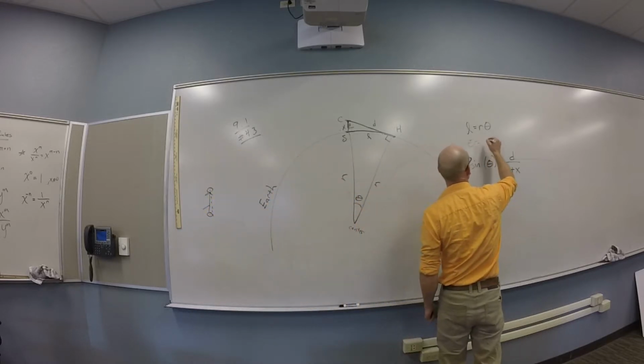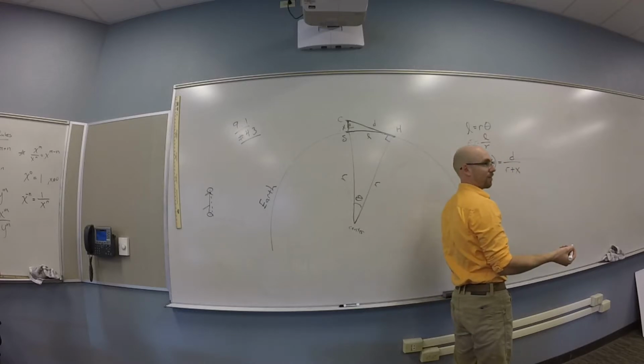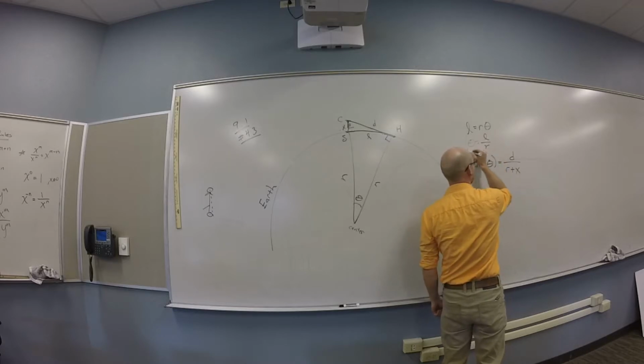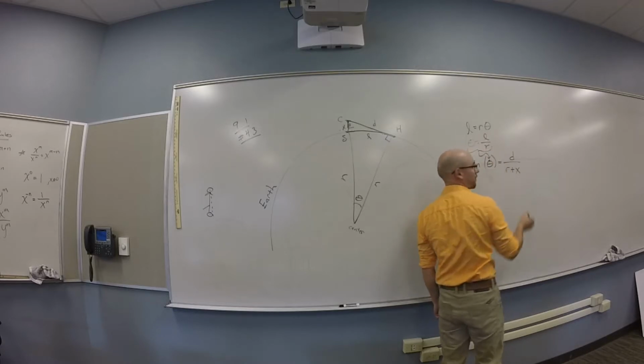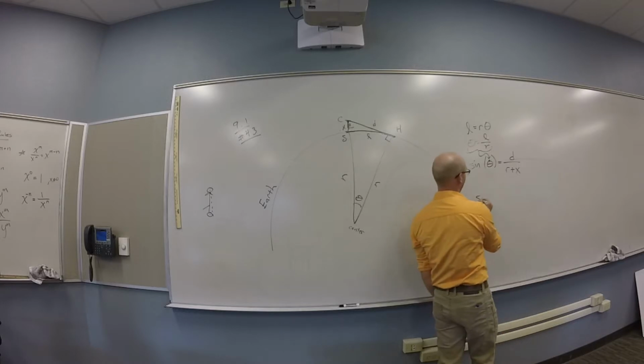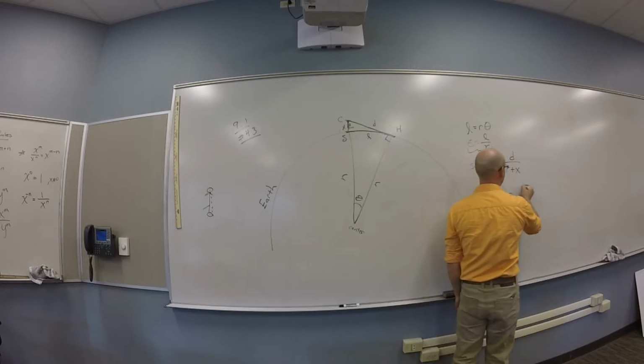Say theta is L over R, right? Take that, cram that in here. Get sine of L over R is D over R plus X.